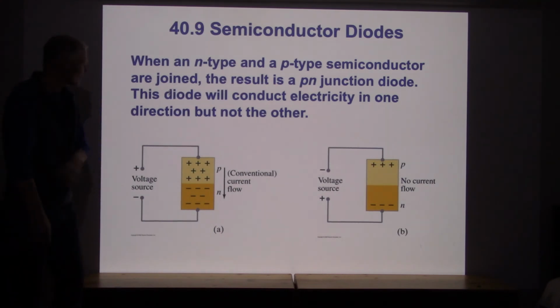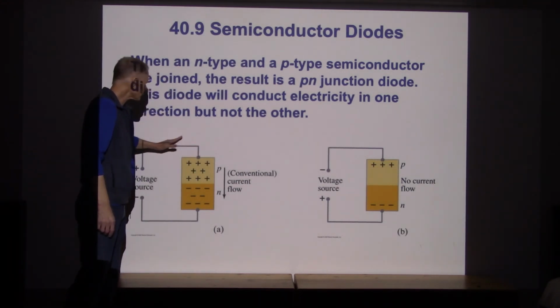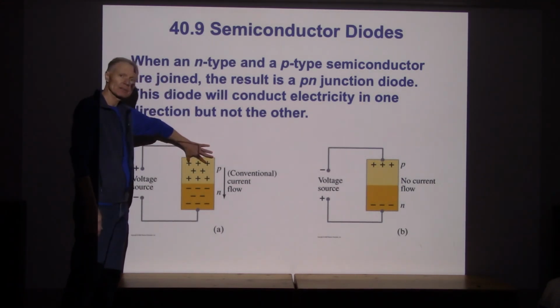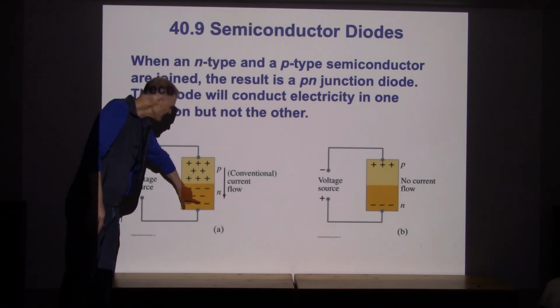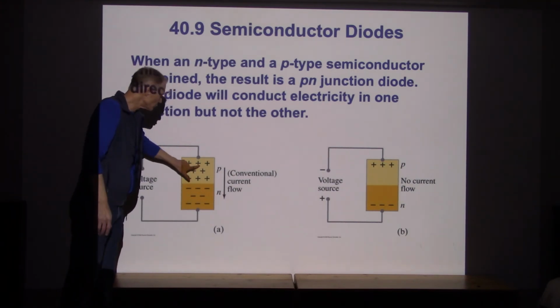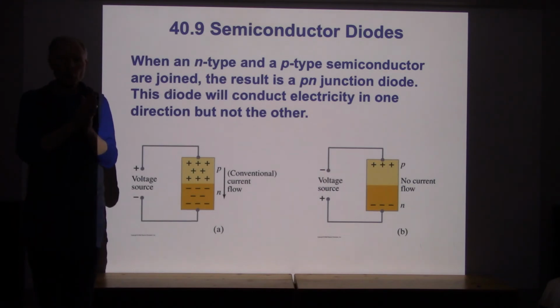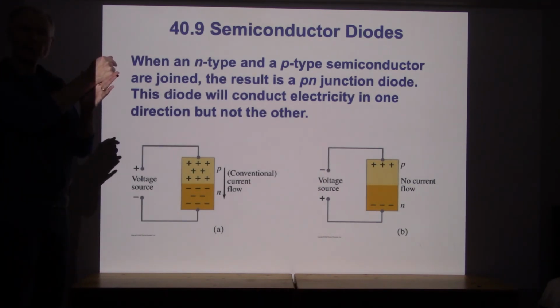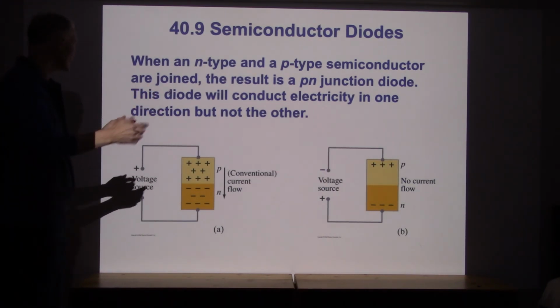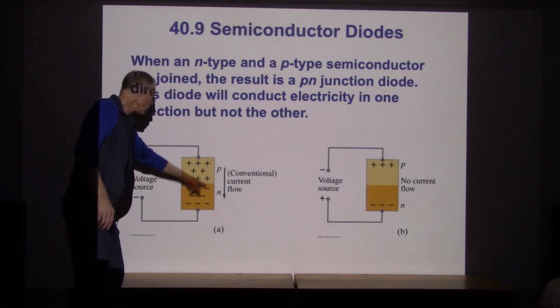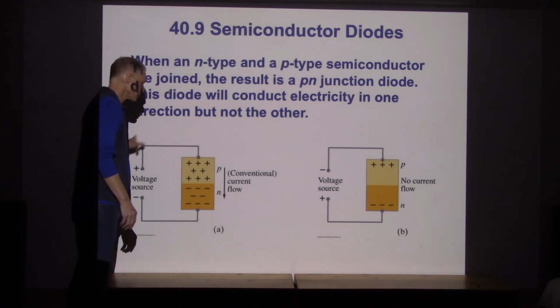And what that does is it draws electrons out of the quantum states in the valence band and in the acceptor level. And that enables electrons from here to jump the boundary. So those electrons now can jump the boundary over to the other side fairly easily, and so we can have a flow of electrons in that direction.